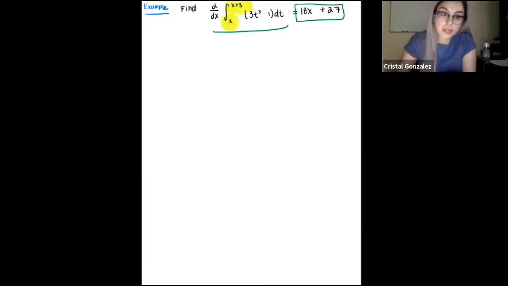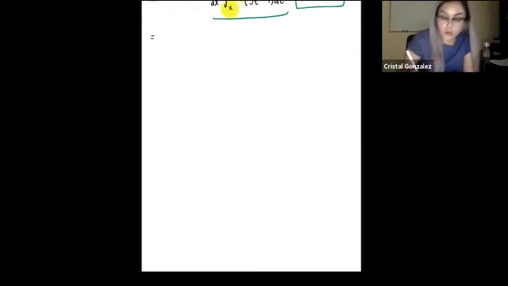So what I'm going to write here is this is going to equal the derivative with respect to x. And I want to evaluate from x to 0 of 3t squared minus 1 dt.